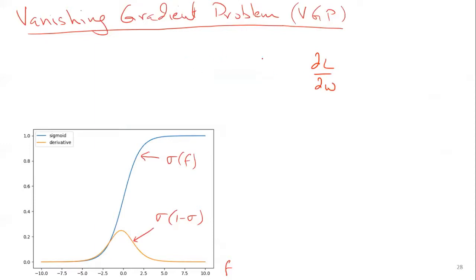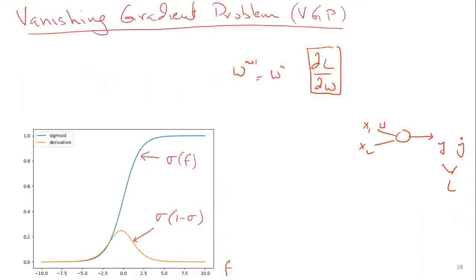So if you have an input over here, x1, x2, and we're looking at the output y, then we're comparing this to y hat, and we're calculating the loss, and we're saying how does the loss change with respect to weight, and then we're going to say that w(n+1) is equal to w(n) minus the learning rate multiplied by this. This is how the gradient descent algorithm is working, and this is how the back propagation is working, because it basically calculates the loss with respect to w as you go back.